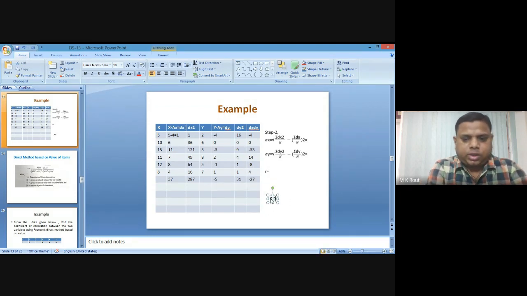It is the standard deviation of x and the standard deviation of y.